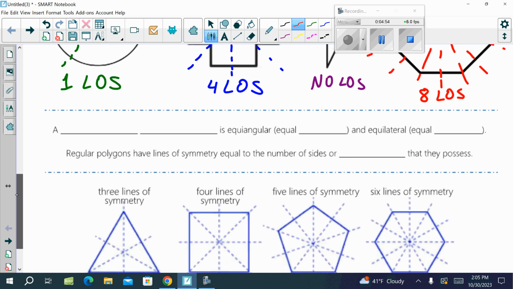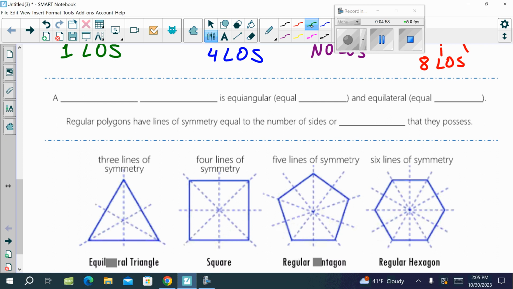So next, a regular polygon is equiangular, so it has equal angles, and equilateral, so it has equal sides.